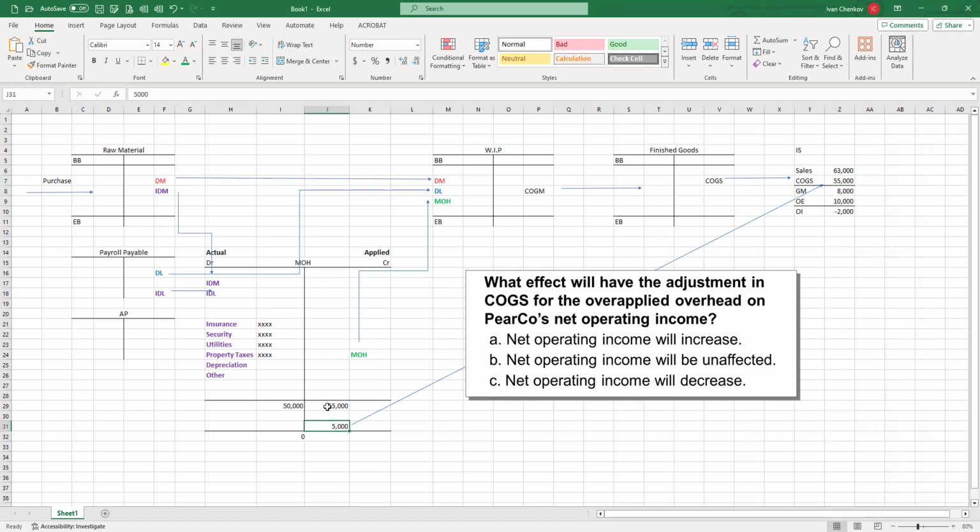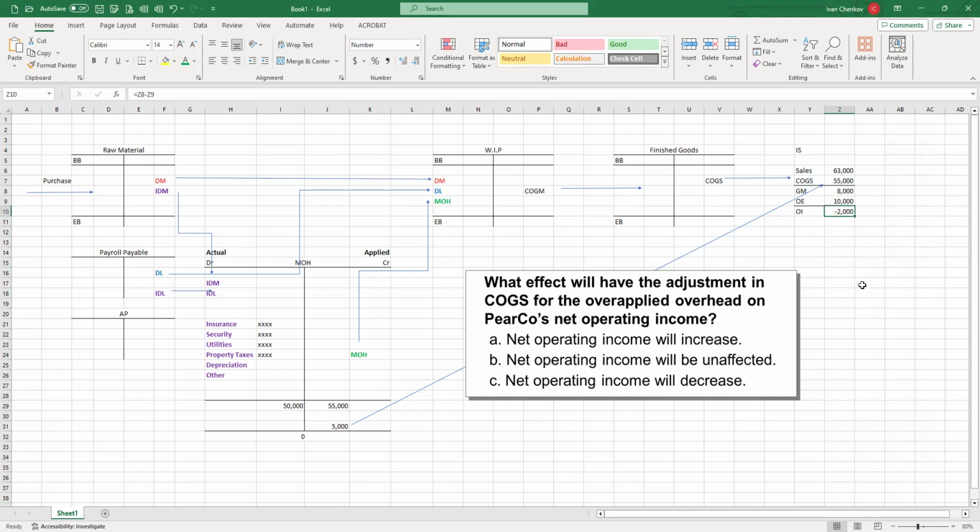But we are over-applying the overhead. So what do we have to do? We have to adjust it. By how much? 5,000. When I adjust it by 5,000, what's going to happen with cost of goods sold? It's going to go down. What will be the effect on operating income?